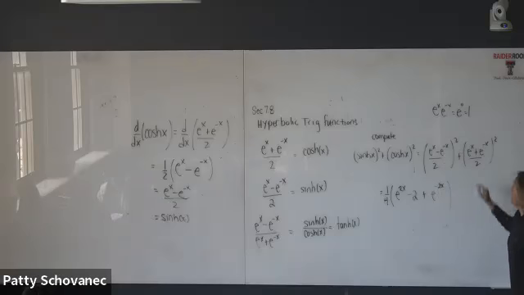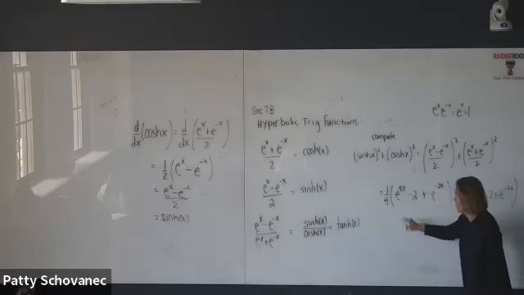Then let's square that one. I get the 1/4 for squaring the 2. I get the same 3 terms, but they're all going to be positive. We get e to the 2x plus 2 plus e to the negative 2x.